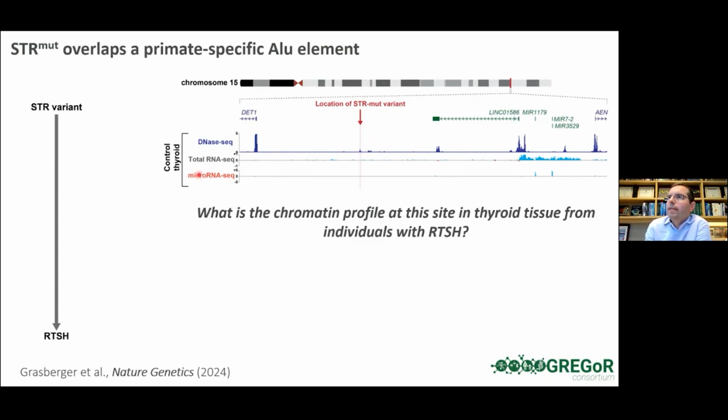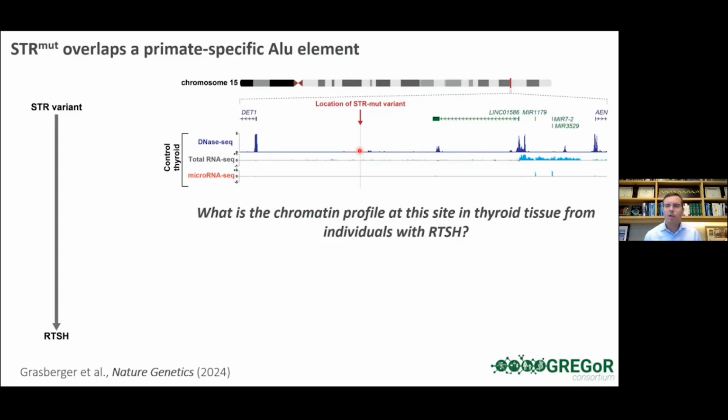If you look at the publicly available thyroid chromatin accessibility data, it doesn't look like a strong regulatory element, or even a regulatory element at all. Moreover, it is located within a human or primate-specific ALU element, a repeat element, which makes mapping chromatin to this specific site even more challenging.